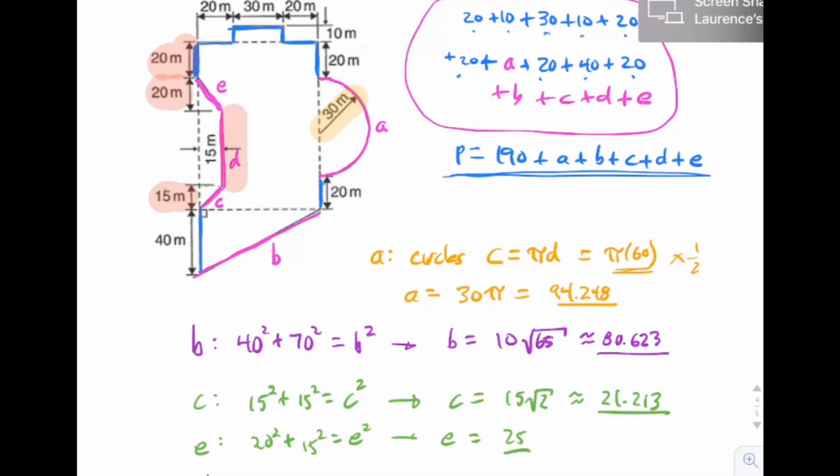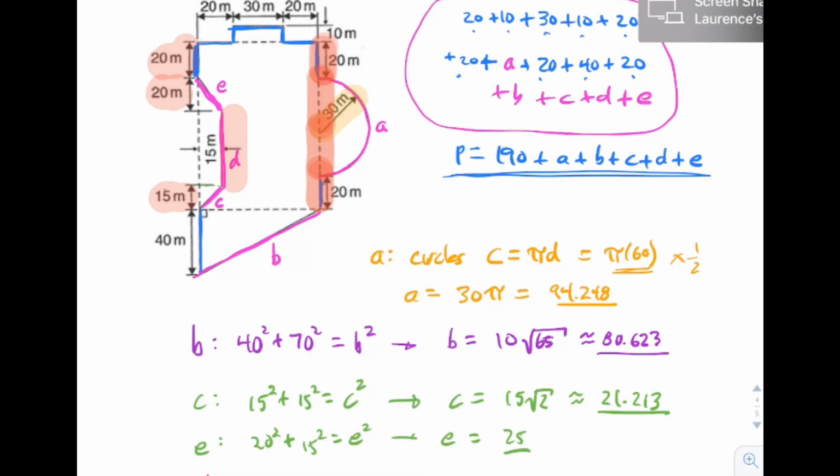But let's look to the other side of the rectangle here. I got this distance. And actually, because it's a radius of 30, I know that that's 30 and that's 30, and then that's 20. So the total distance coming down this side would be 20 plus 30 plus 30 plus 20. That's 100.